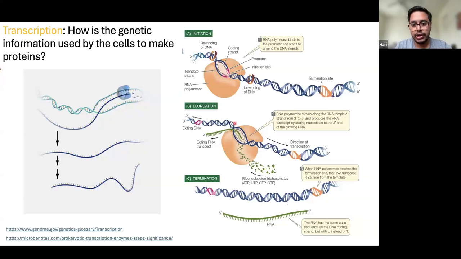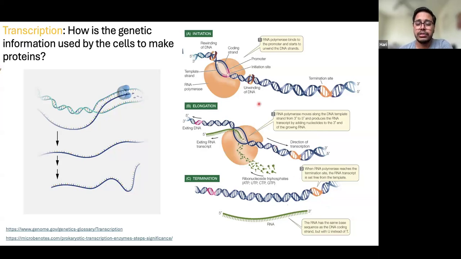That step is called the initiation step. Once the transcription has been initiated, the RNA polymerase will start to elongate and go on creating the RNA transcript, which is also made in the 5' to 3' direction. And then finally, the process of transcription ends at a place where we have the terminator, and at that point the RNA polymerase will break free from the DNA template.